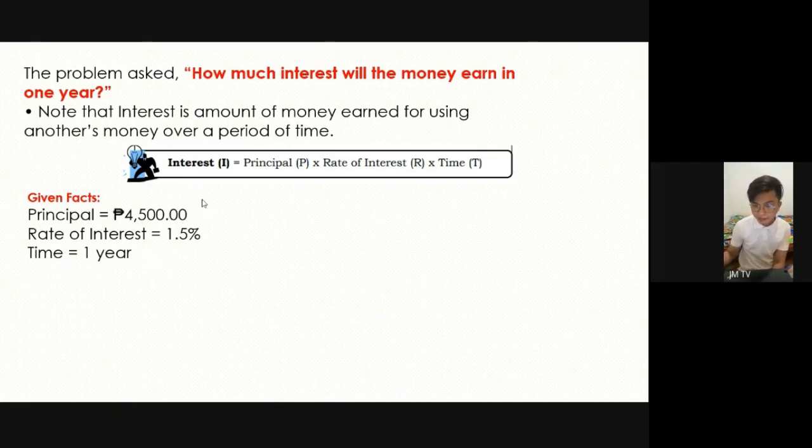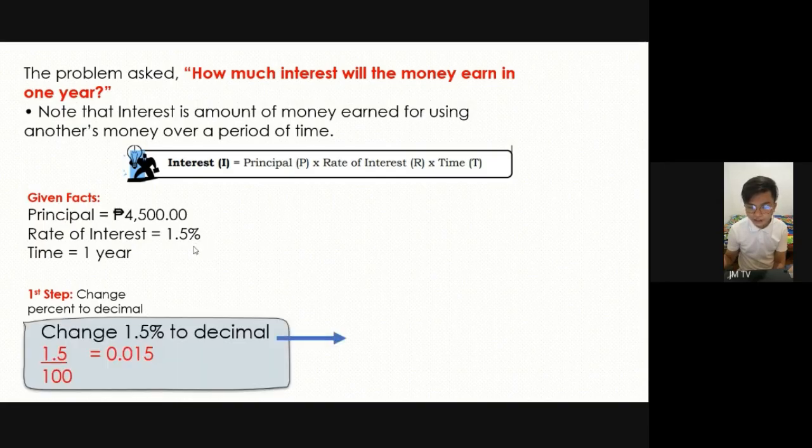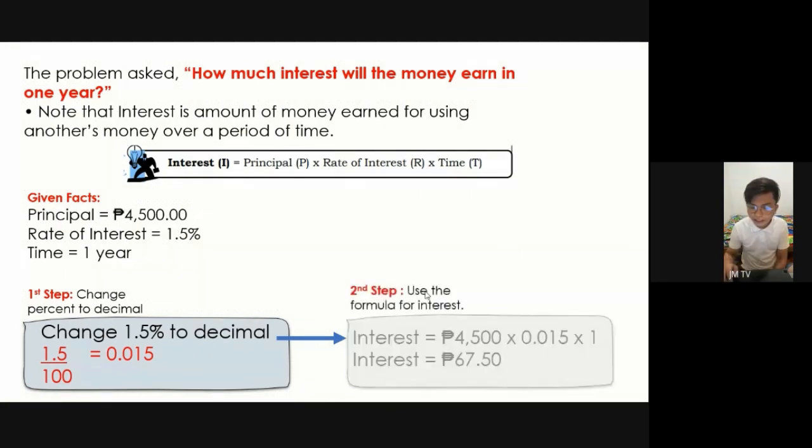Ngayon, sabi ko sa inyo, gagamitin niyo lang yung formula. So, huwag niyo kakalimutan to every time ha. Change the percent to decimal. Ano yung decimal natin ng 1.5%? So, formula ng interest. Interest is equals to 4,500 times 0.015 times 1.